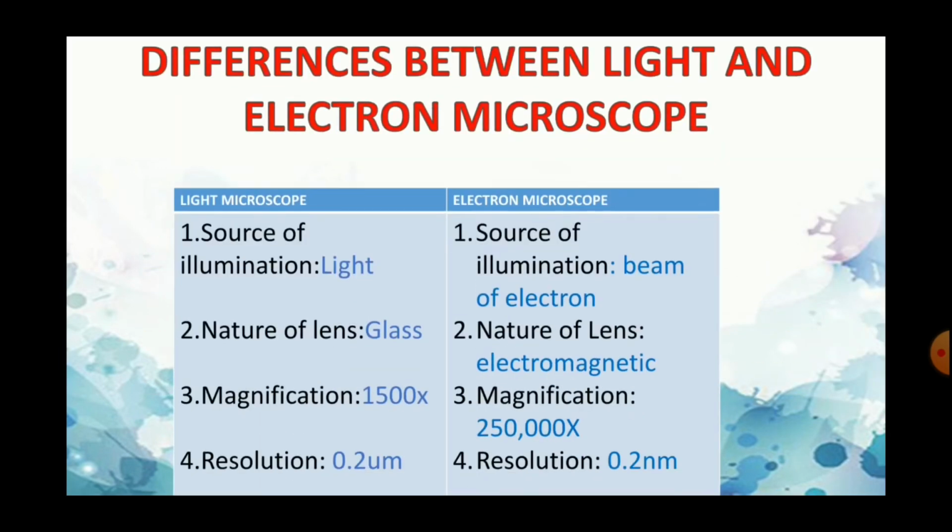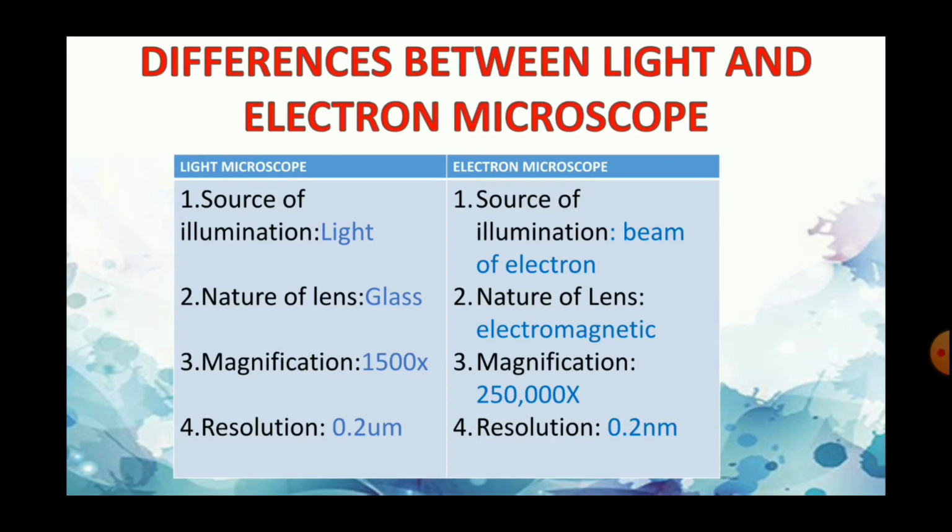Now, differences between the light and electron microscope. The first one is that source of illumination in light microscope is light, while in electron microscope it is beam of electrons. The nature of lens is glass in light microscope, means that the lens is made up of glass, while in electron microscope the lens is electromagnetic.